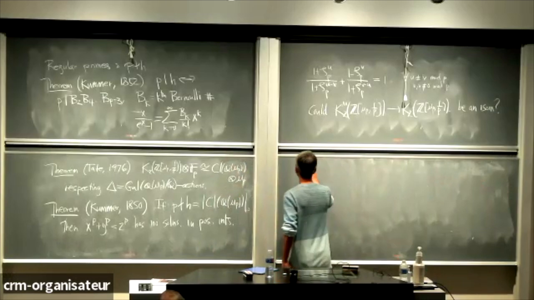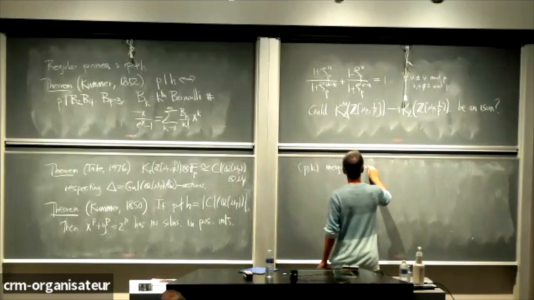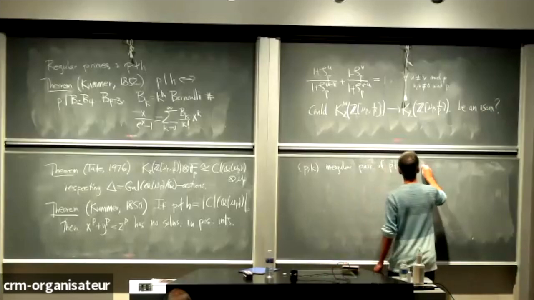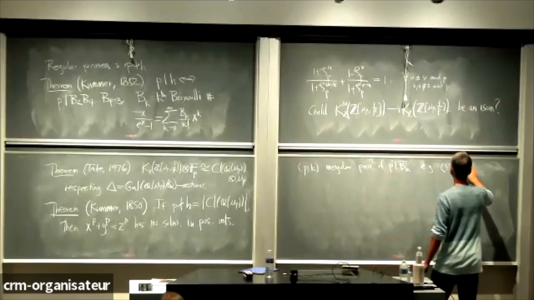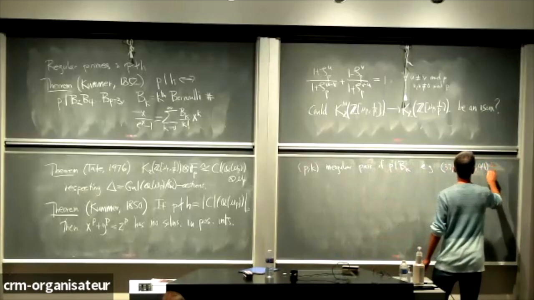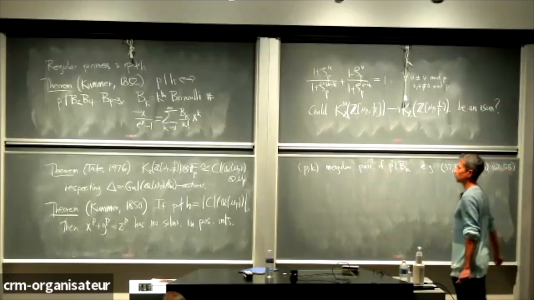But so (p, k) is an irregular pair if p divides B_k. The smallest three primes I said were 37, which divides the 32nd Bernoulli number, 59, which divides the 44th Bernoulli number, and 67, which divides the 58th Bernoulli number.